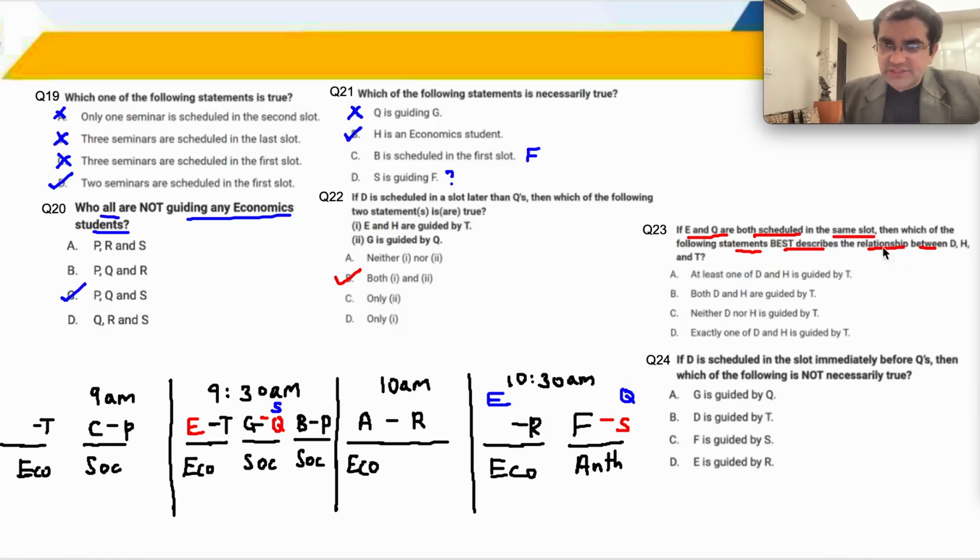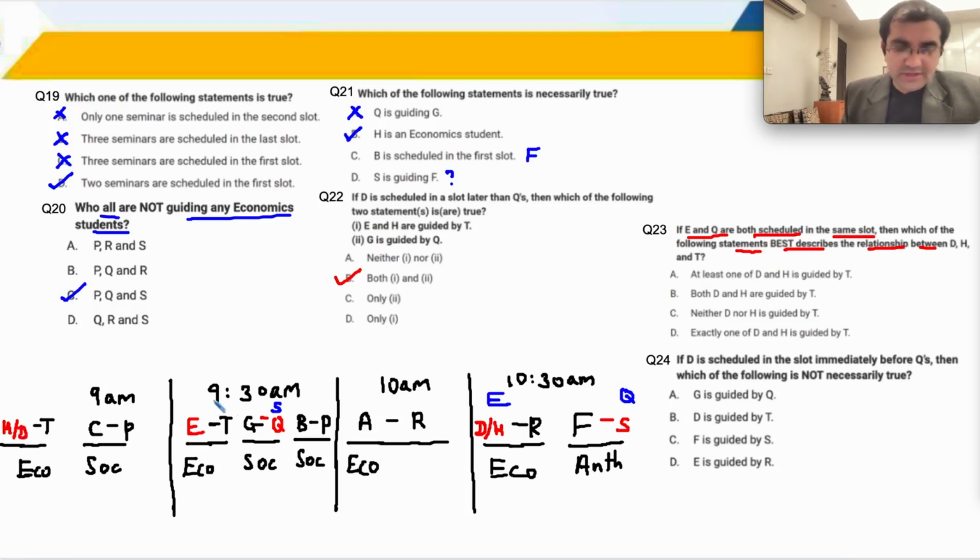Then what is the relationship between D, H and T? D, H and T. तो ज़रा उनको बाकियों को भी fill कर देते हैं. यहाँ पे आ जाएगा आपका D oblique H, H oblique D for red color.